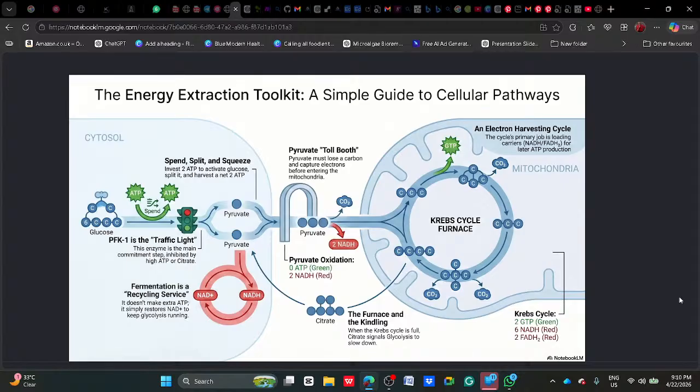So the mitochondria can also be regarded as the energy center, like the Central Bank of Nigeria, where money is printed. So don't forget that about the mitochondria.